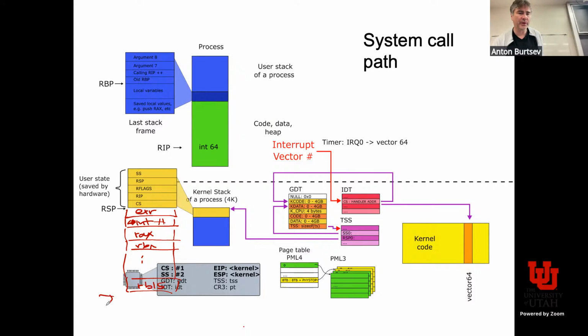So where is syscall argument number 7? Who can find it on this picture?